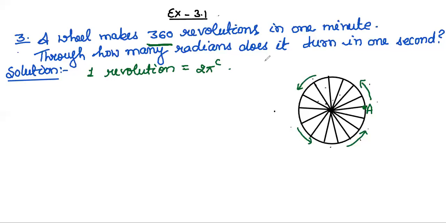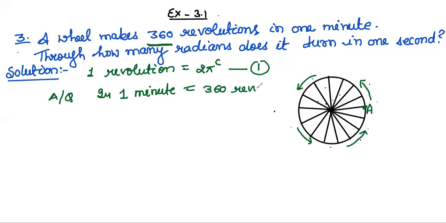We keep it as equation 1. And according to the question, in 1 minute, the number of revolutions is 360. It is given in the question.